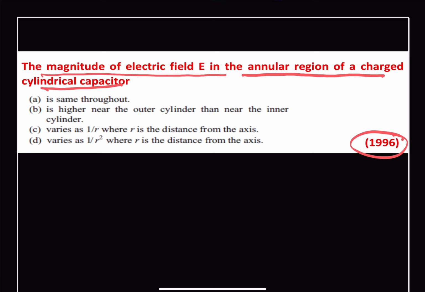Okay, we have a cylindrical capacitor. Let us draw the axis. So this is our axis, and this is our internal cylinder, and this is our external one.